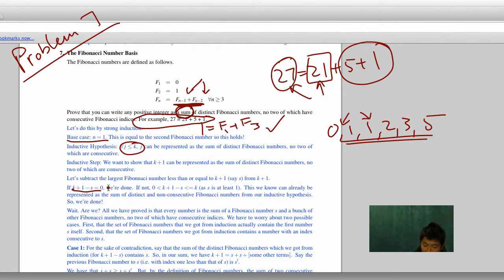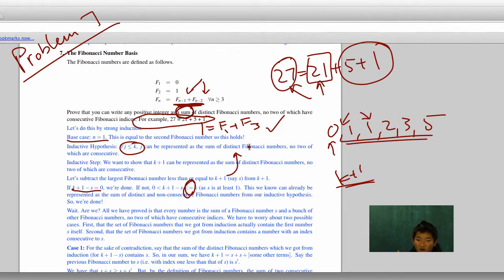Now, the first case is if for k plus 1, remember, this is induction, minus the largest Fibonacci number is 0, then we just need one Fibonacci number plus 0. Otherwise, there is this little quantity that's left over, and we can use the inductive hypothesis to say that this quantity can be represented by more Fibonacci numbers.